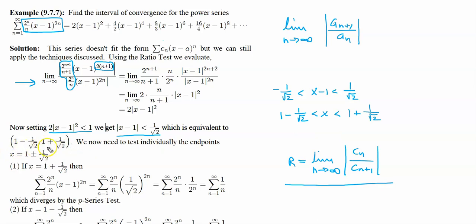Okay, so we know now that this series will converge for x in this interval. But now recall that the ratio test fails when this quantity is equal to 1. Okay, so this quantity that we calculated right here, this will equal 1 when x is either this number, this endpoint, or when x is equal to this endpoint right here.